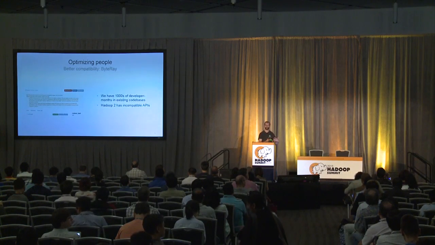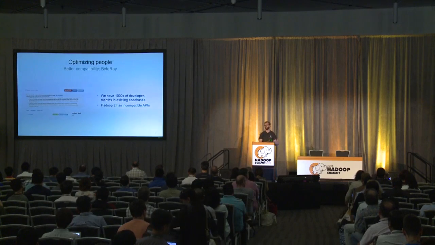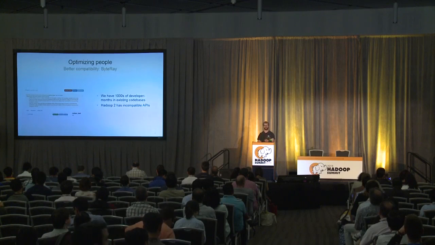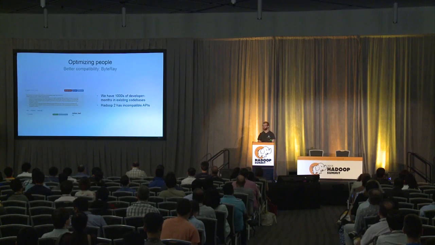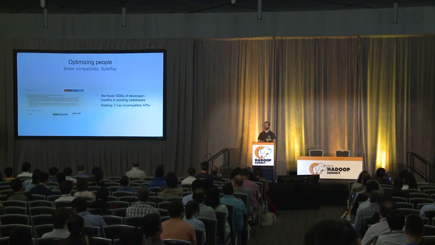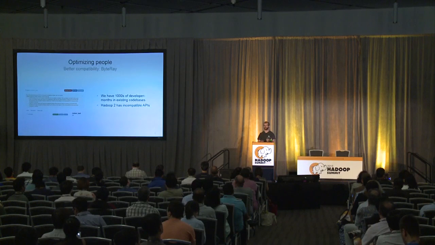So ByteRay is the tool that we've built, which will look at your deployable artifacts, whether they're jobs or jars or zip files or what have you, and check to see whether these are artifacts that make sense to run on Hadoop 2, right? So that's one thing we built.